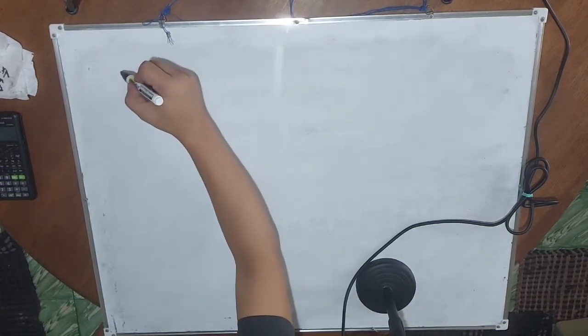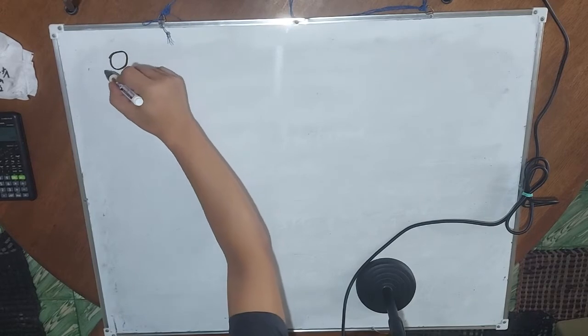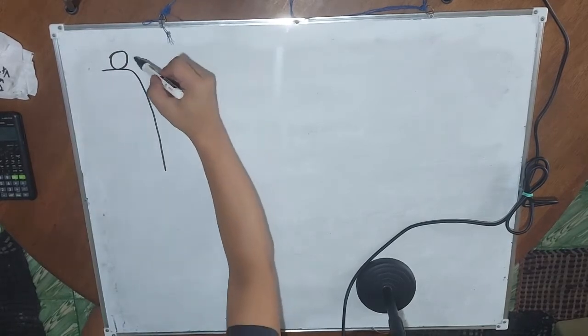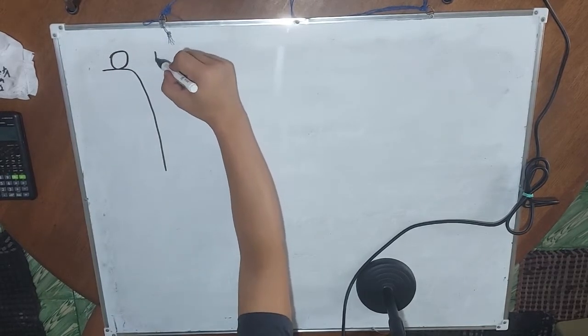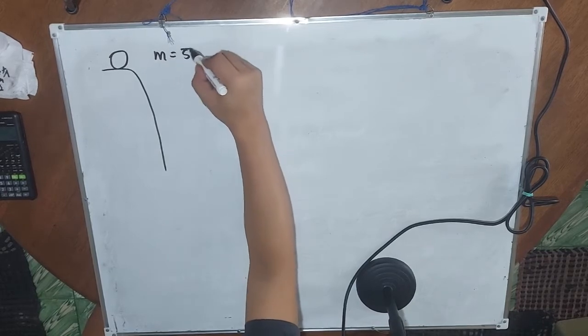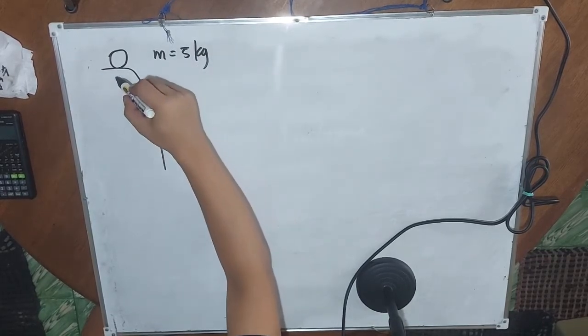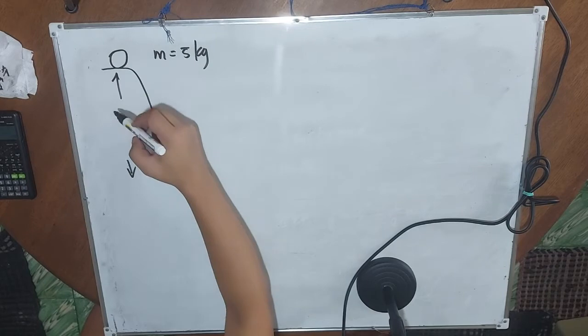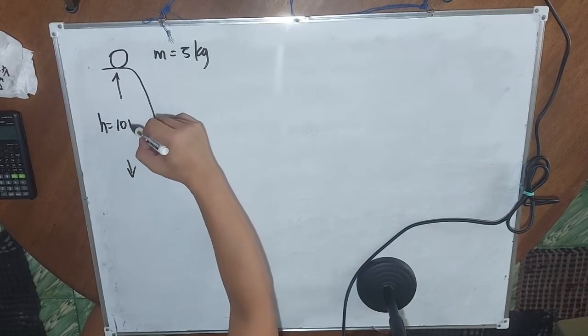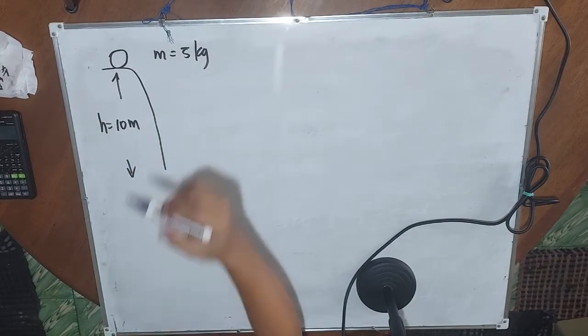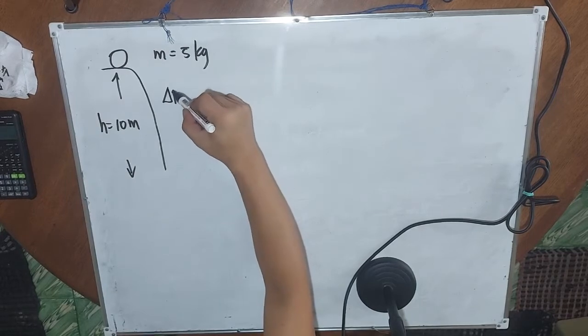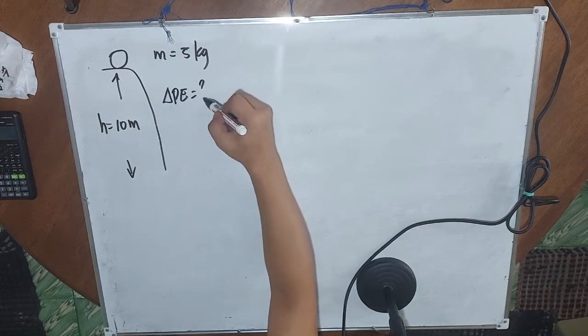Now, for us to understand the law of conservation of energy, let us try to have an example. For example, we have here an object with a mass of 5 kilograms, and that object is located at a height of 10 meters. Let us try to solve for its change of potential energy.